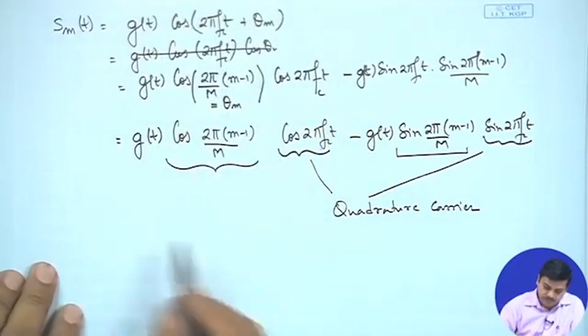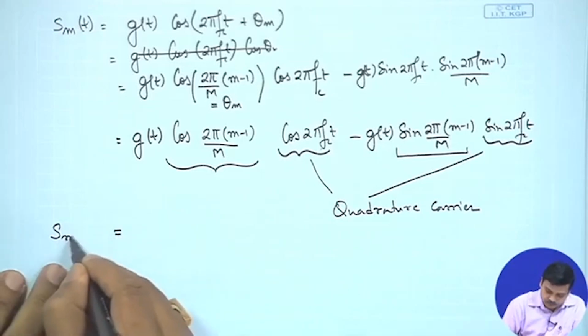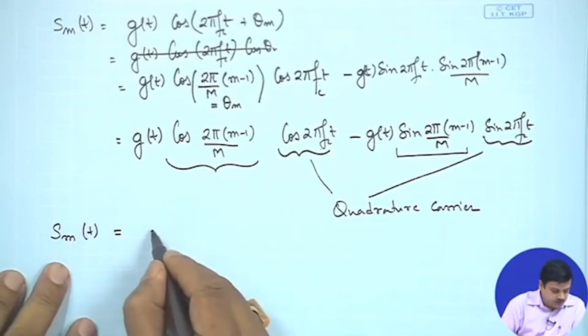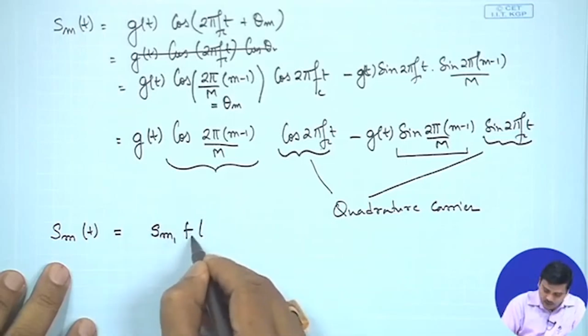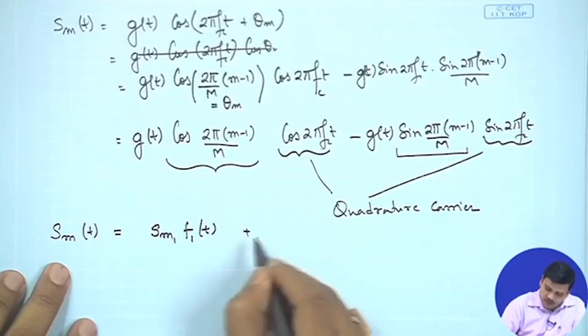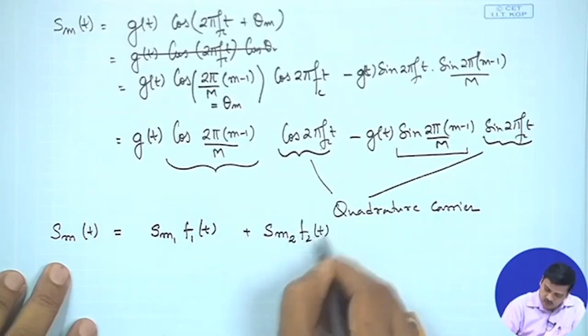So, we can write this signal in a form that is what we desire as s m1 f1 of t plus s m2 f2 of t.